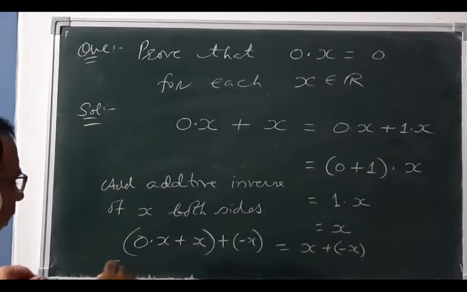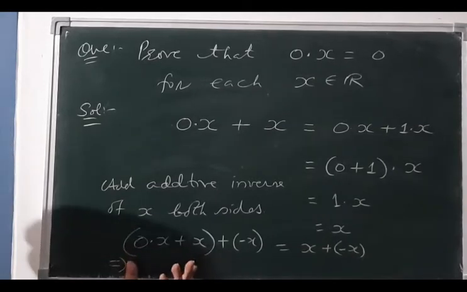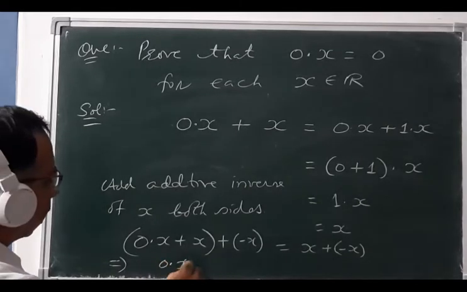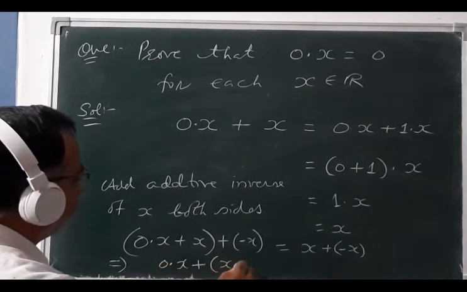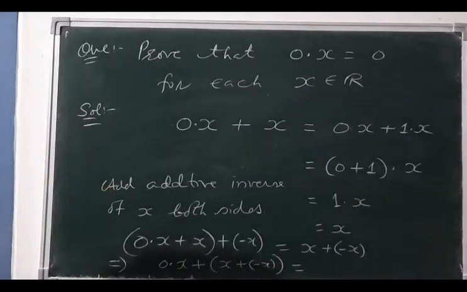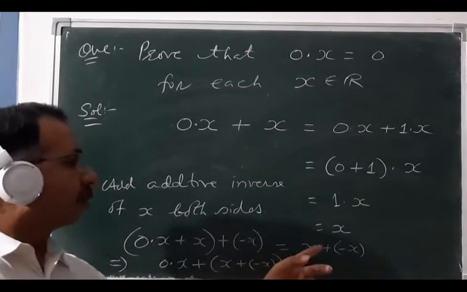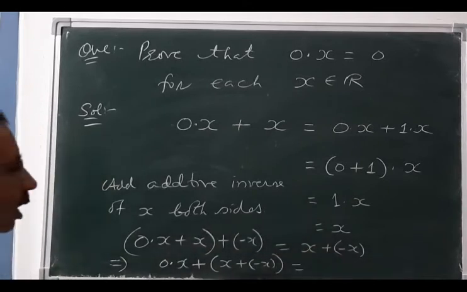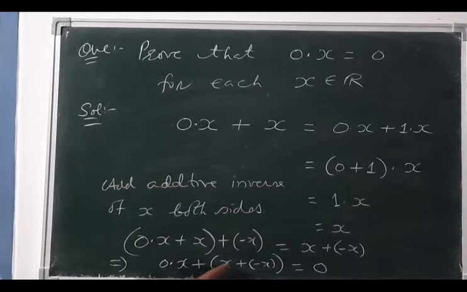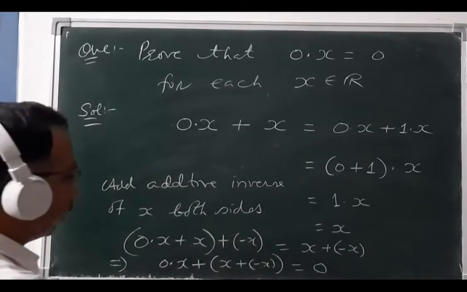Now here use the associative property of addition. 0x plus (x plus minus x) is equal to, now x plus its additive inverse gives us the identity element, and here also x plus its additive inverse gives the identity element which is 0.